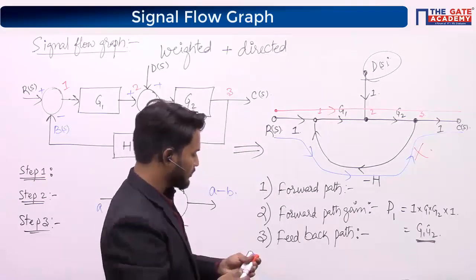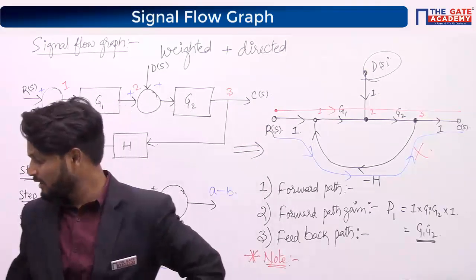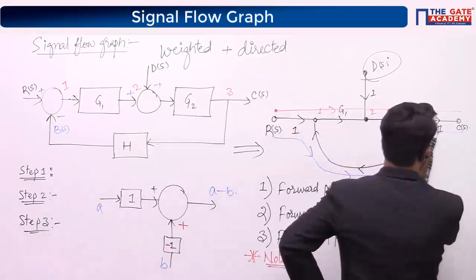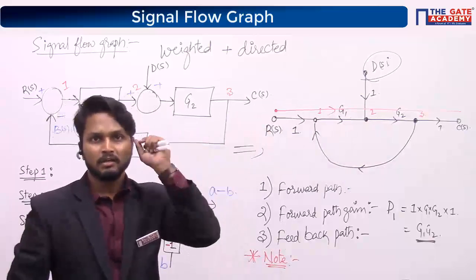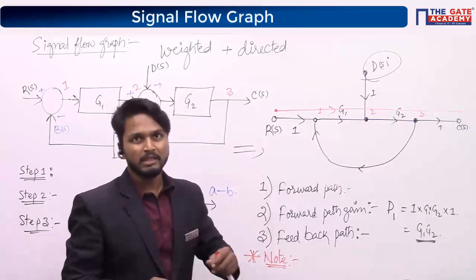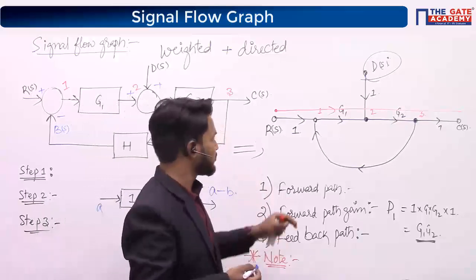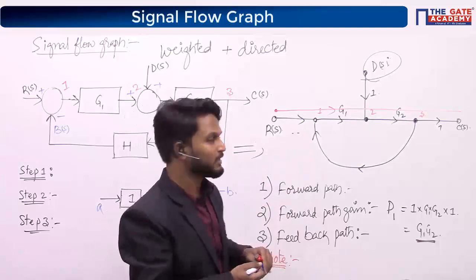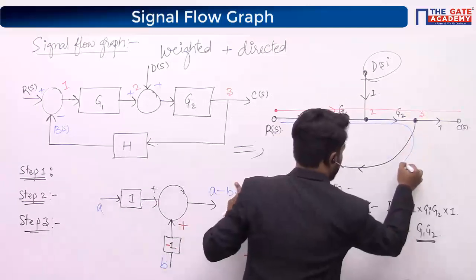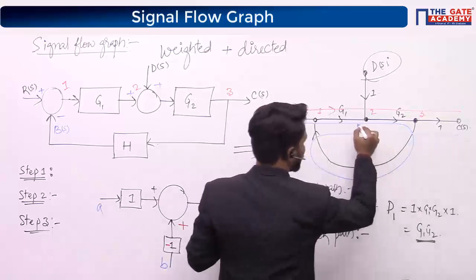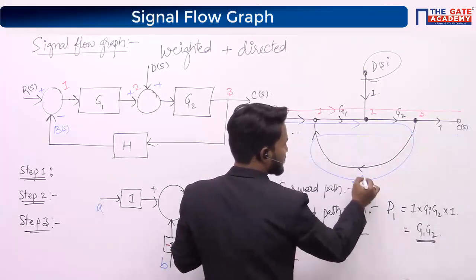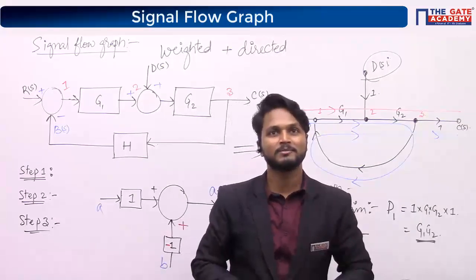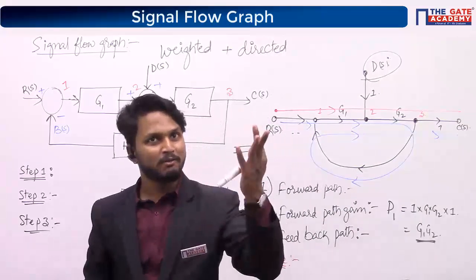Write down a note. In all the above, no node should be repeated more than once, right? Generally, you people are very clever, and what you will do is consider this path as a forward path. You will go like this, turn around, and again go like this, and consider this path as a forward path. That is not a valid forward path.